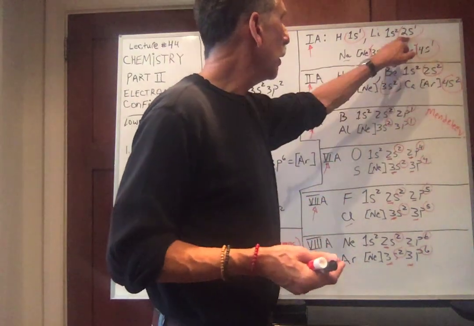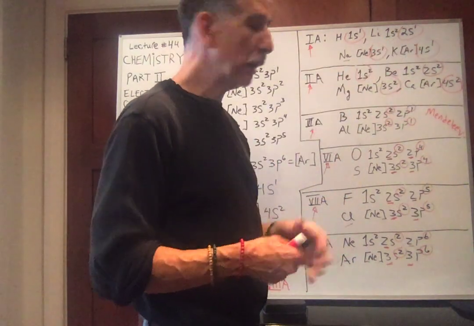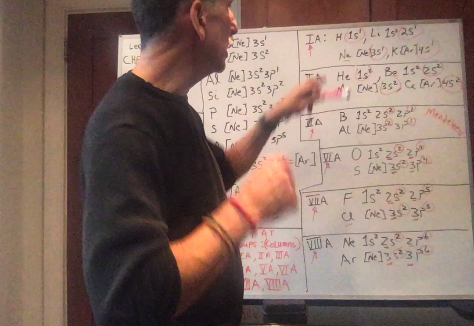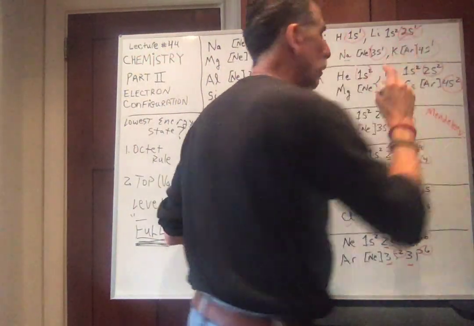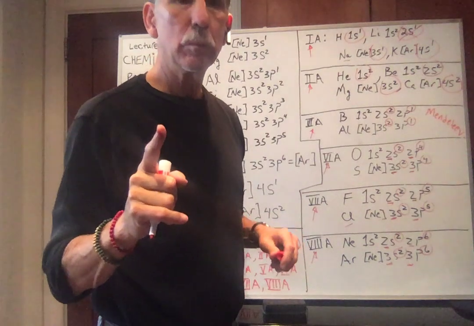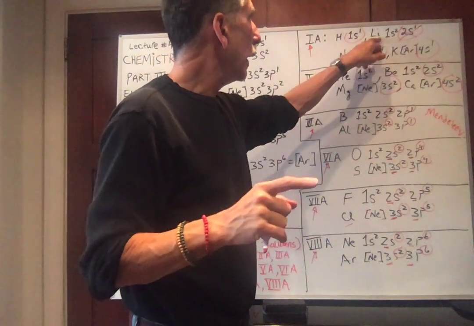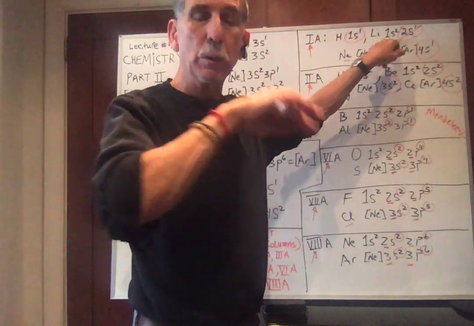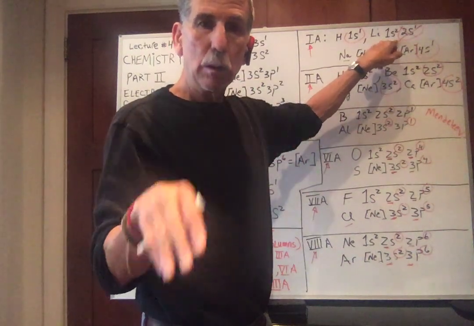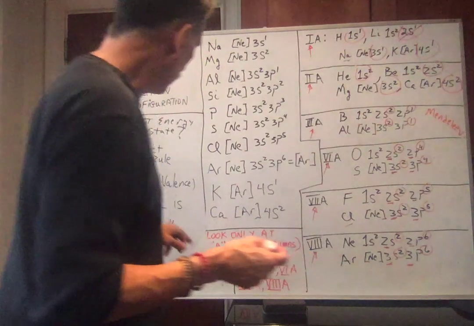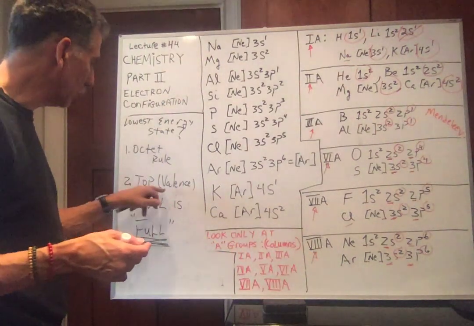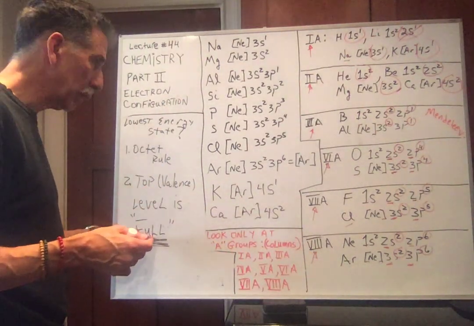However, if this lithium got rid of 1 electron, then it would just have 1s2. That means the top level, the first floor, would be full. That would give us the second rule: the top valence level is full.